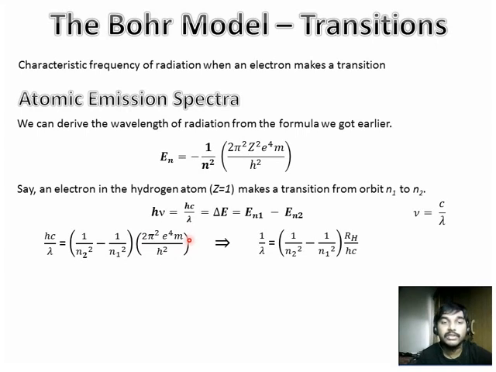That's called the Rydberg constant. That whole thing is just 2 pi square e to the power 4 m by h square, which is just this part, and we saw that this was just 13.6 eV. So you can plug this 13.6 eV over here, and then we just have to calculate for different n1s and n2s.